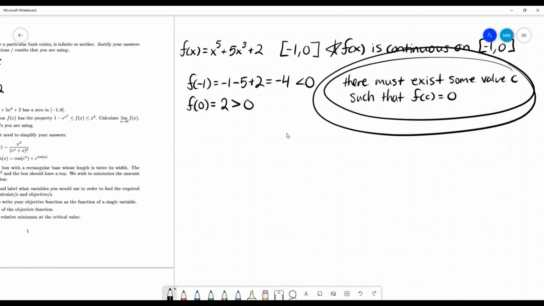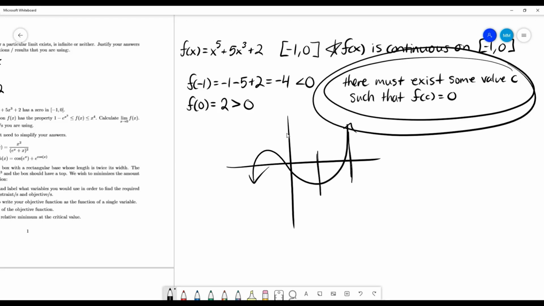If we're confused as to how the intermediate value theorem works, again, remember that I do have a video on that you can go review. It should be in this same playlist, but I will just go over it really quickly. If I have a function like this, where it is continuous on maybe this interval, down here it's negative, and up here it's positive. Because it's continuous, I know that it must cross this x-axis somewhere. And by crossing the x-axis, that is a root, that is a 0, that is an x-intercept, those are all synonyms.